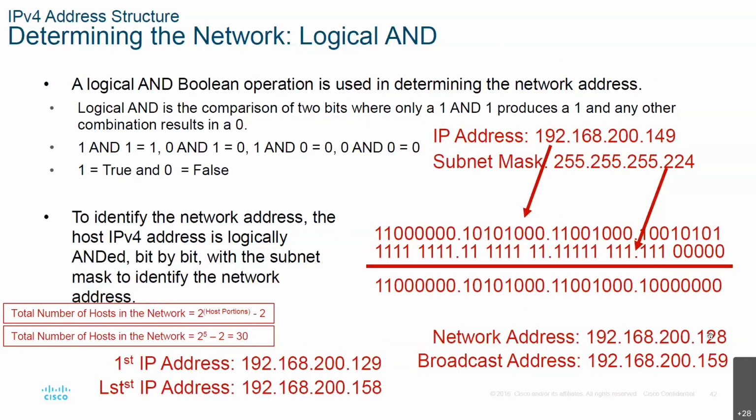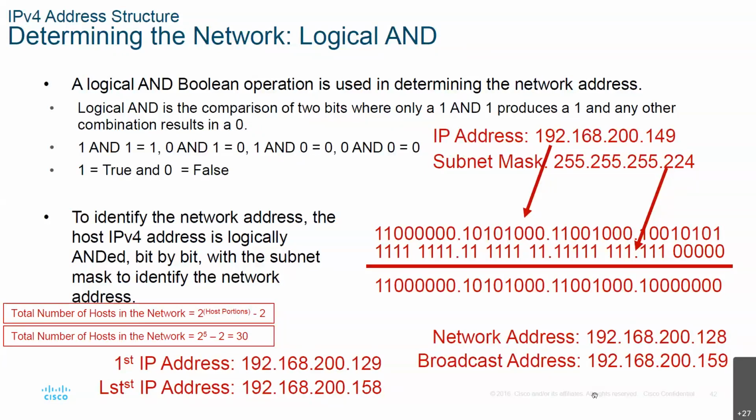So my first IP address will start with 129. Just like the previous one, the network address is 0 and the first IP address is 1. But here, my network address is 128, so I have to start with 129, 30 devices, then 130, 131, 132, 133, all the way to 158.